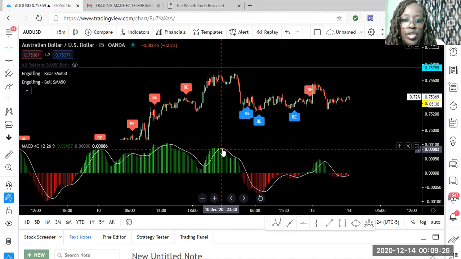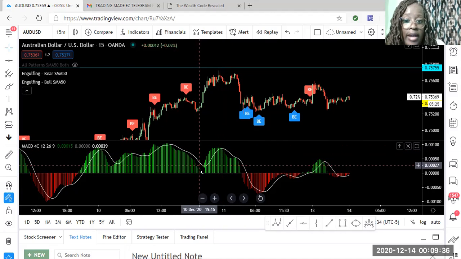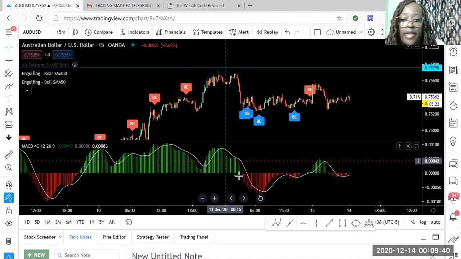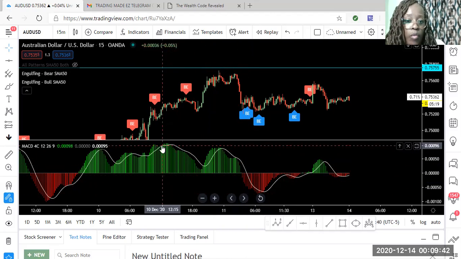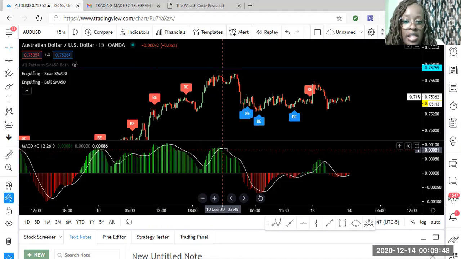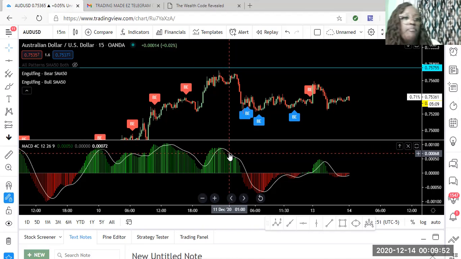You see where the moving average separated from the histogram, right? You see the separation. In here it's going through the histogram. Then there are also times when it's consolidating, it's kind of riding it like that. But when you see the airspace, the separation from the histogram, that's when you have more momentum. So I'm looking for that as well.